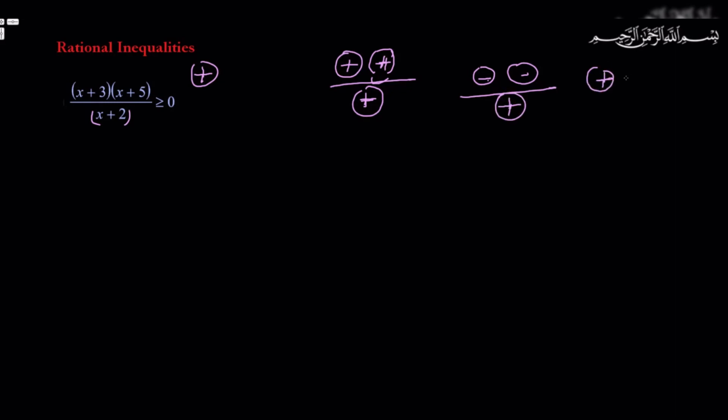All of them could be positive, right? If you multiply three positive numbers, you get a positive. Or it's possible that the two numerators are negative and the denominator is positive. Or one of the numerators could be positive and the denominator negative, and then you would get a positive. Well, it's getting kind of complicated, right?